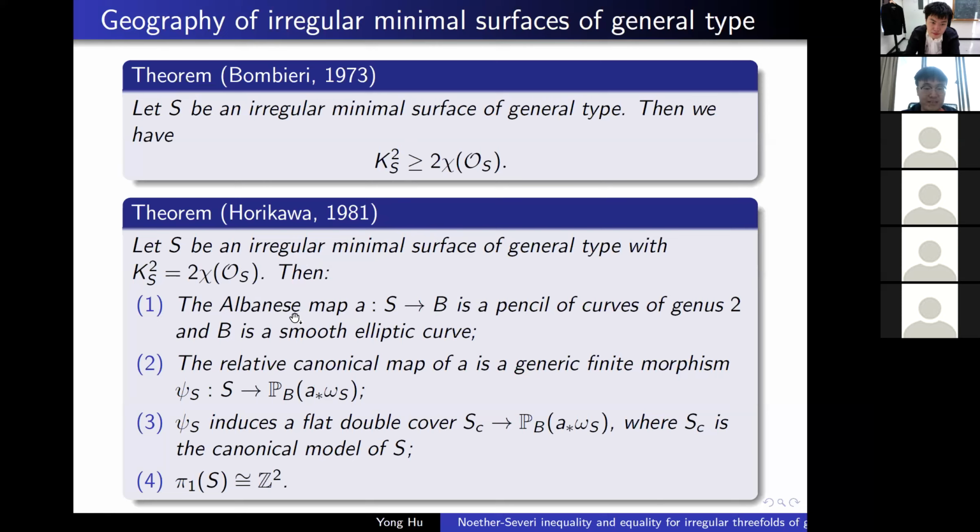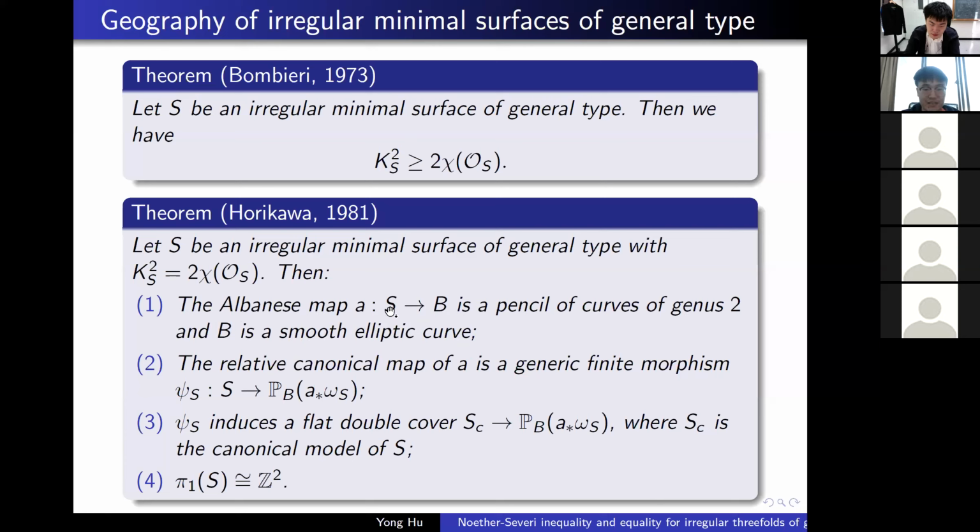We proved that the Albanese map, in fact, is the pencil of curves of genus 2. This means that a is a fibration from S to a curve. The general fiber is a smooth curve of genus 2. And moreover, the image B is a smooth elliptic curve. This means that the irregularity of S is 1.